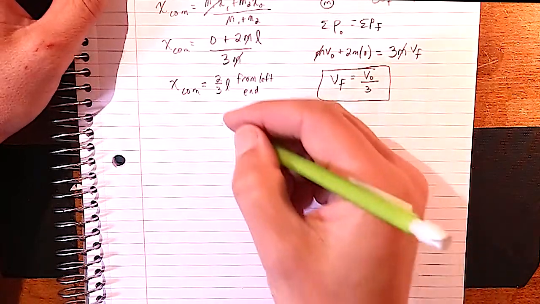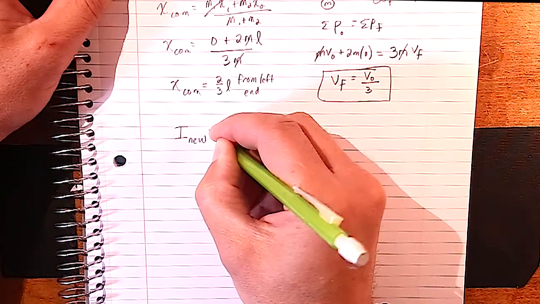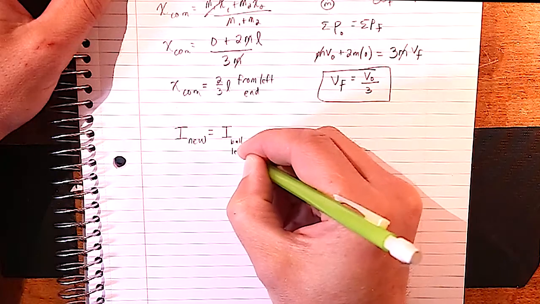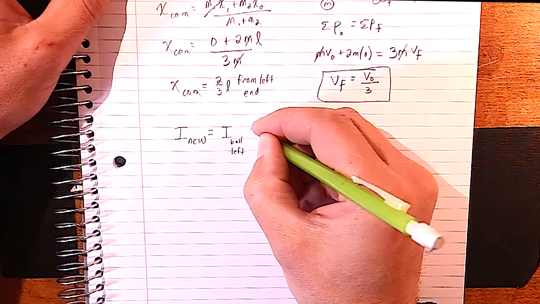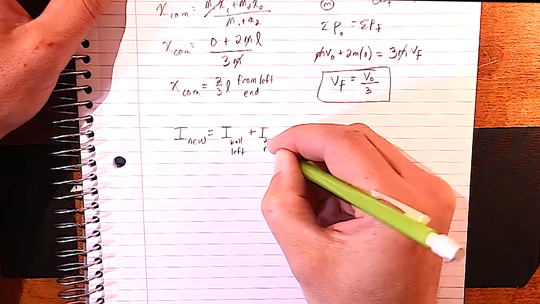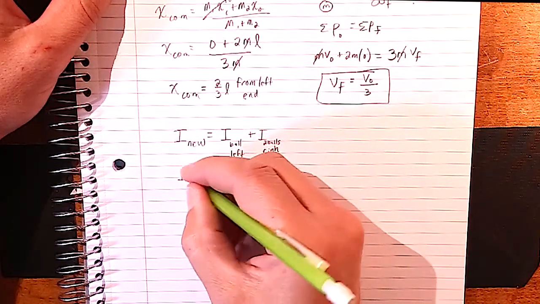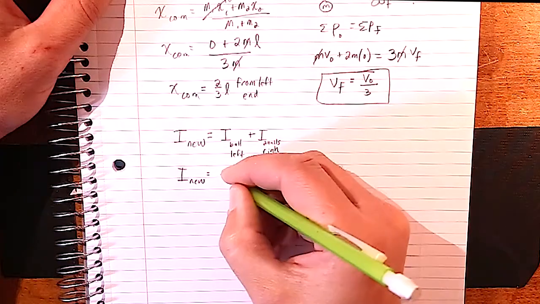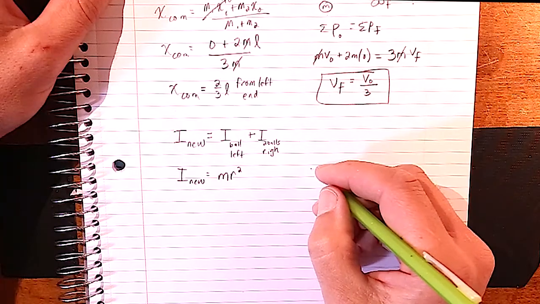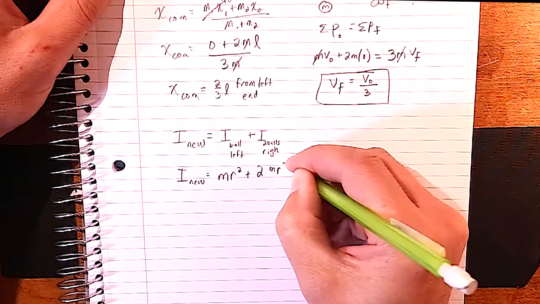So to find I, I'm going to call that I new. This is the new moment of inertia after the collision. So we got I ball left, that's going to be the ball at the left end, plus I of the two balls on the right. So what is that? Well, I new is going to be equal to mr squared, that's the ball on the left, plus 2m r squared.